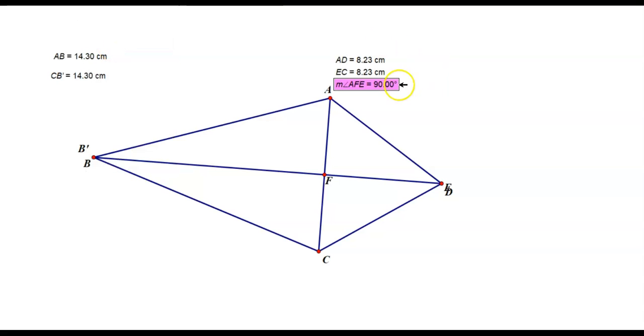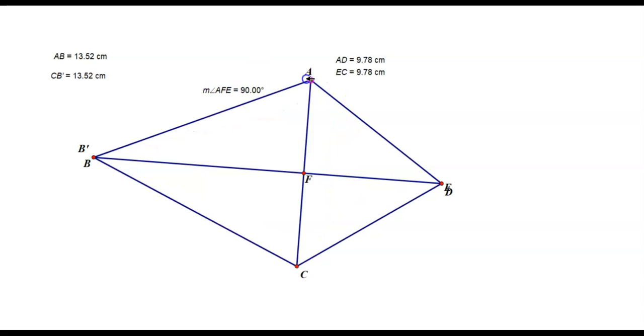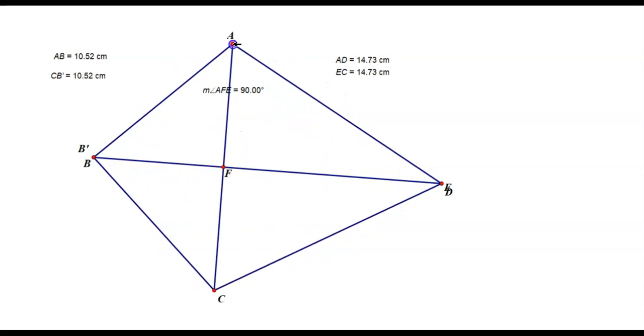Ta-da! 90 degrees. So diagonal AC and diagonal BD meet at a right angle. Really, all four of those angles are right. So another property is that the diagonals of a kite are perpendicular, and notice they always are.